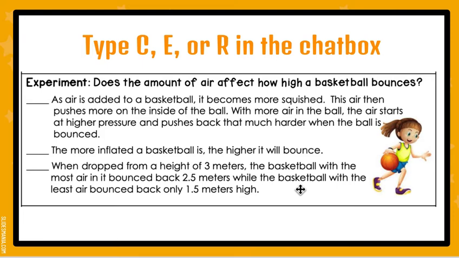When dropped from a height of 3 meters, the basketball with the most air in it bounced back 2.5 meters, while the basketball with the least air bounced back only 1.5 meters high. This would be evidence. Because again, we can see the data. If it is dropped from a height of 3 meters and they bounce back 2.5 meters. So again, all these numbers, all this data, would be a part of evidence.